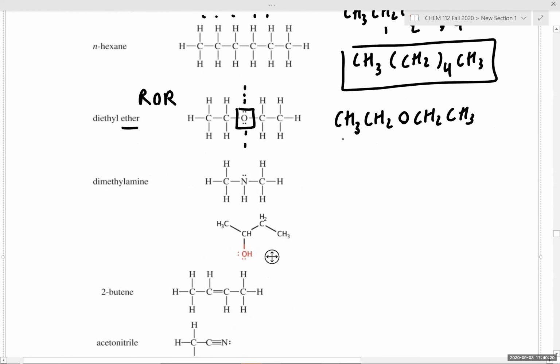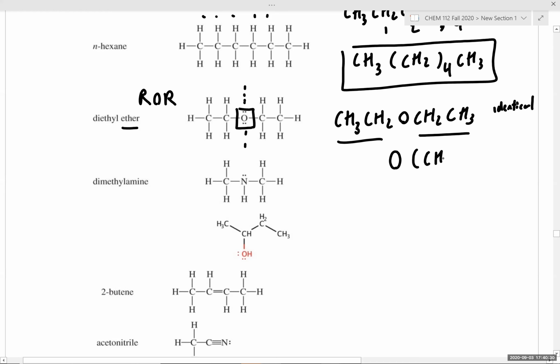However, because these two chains are identical, we can simplify our structure and write it as O, CH2, CH3. And how many of these chains are attached to my oxygen? 2. This only works if they're identical. Does that make sense?